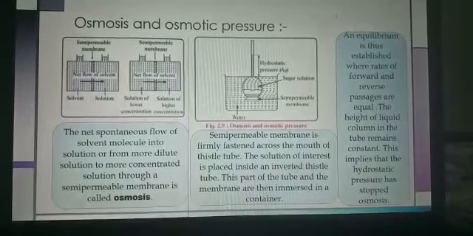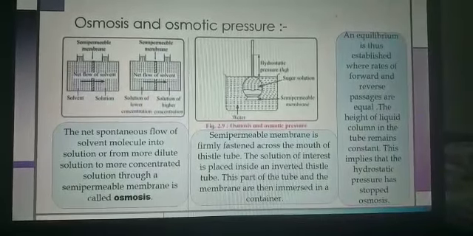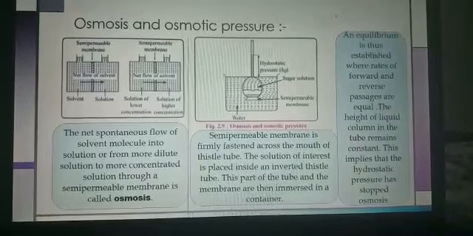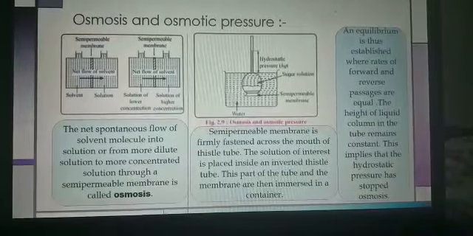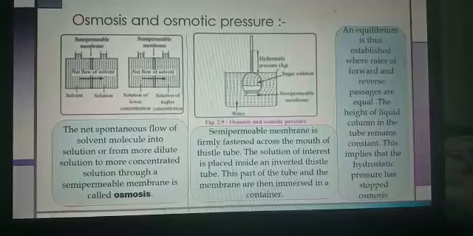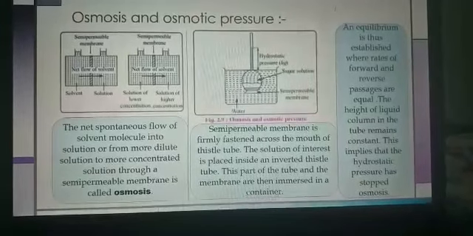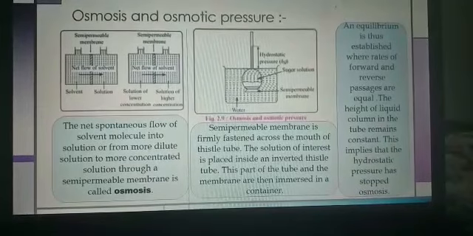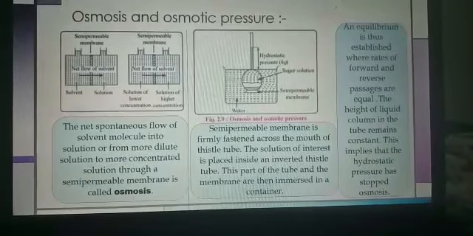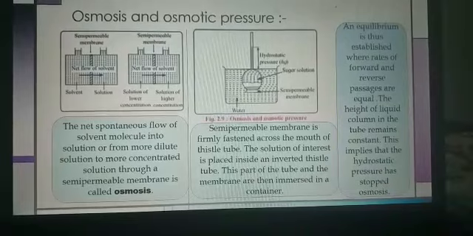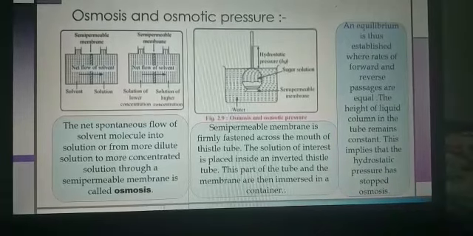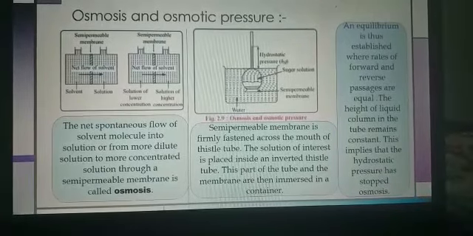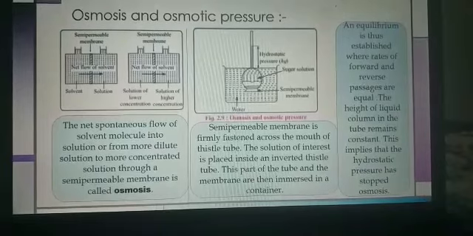What happens? Some of the solvent passes through the membrane into the solution, and that causes the liquid level in the tube to rise. The liquid column in the tube creates hydrostatic pressure that pushes the solvent back through the membrane into the container. The column of liquid in the tube continues to rise.